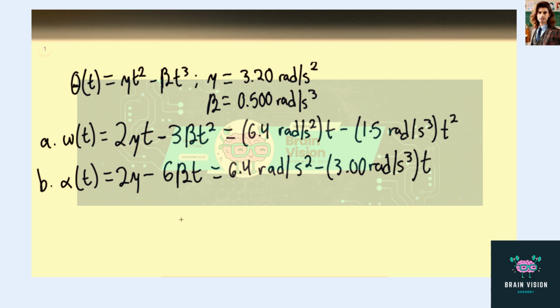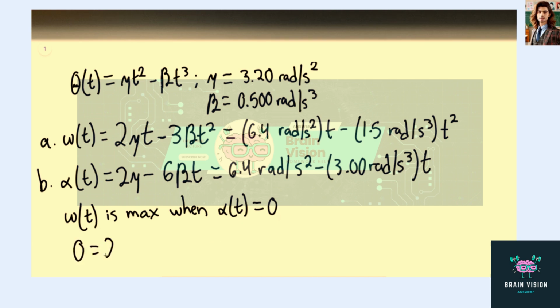So essentially, omega(t) is max when alpha(t) equals 0. So we can set this equal to 0 and say that 0 equals 2 gamma minus 6 beta t, and t is going to equal 2 gamma over 6 beta.